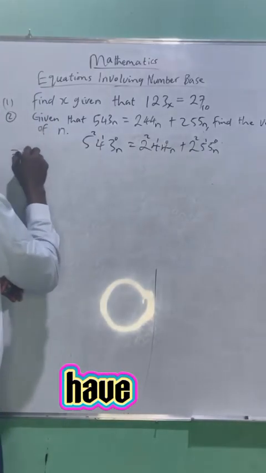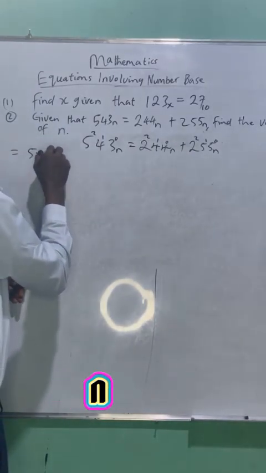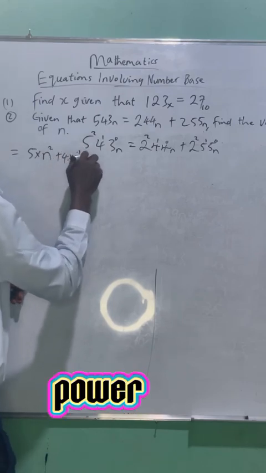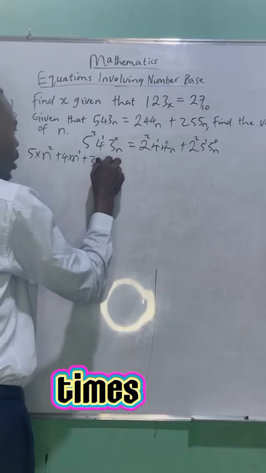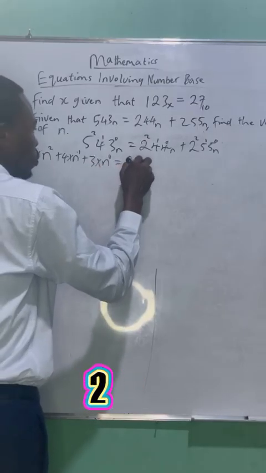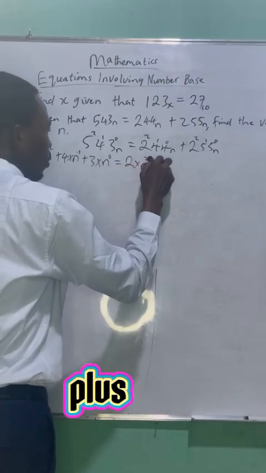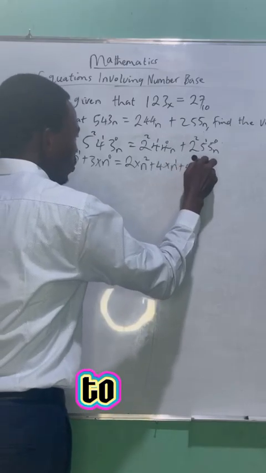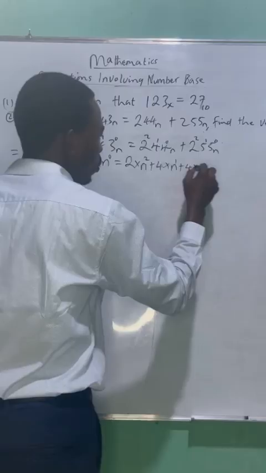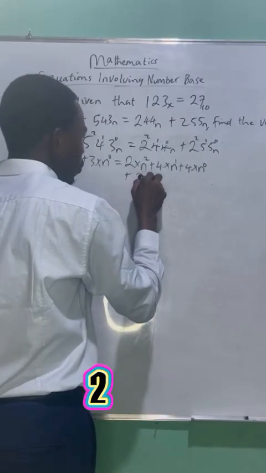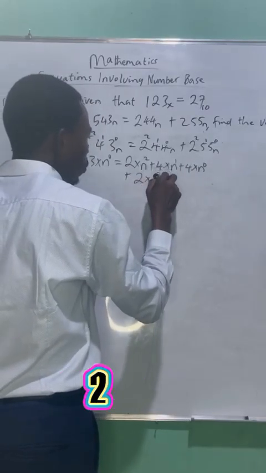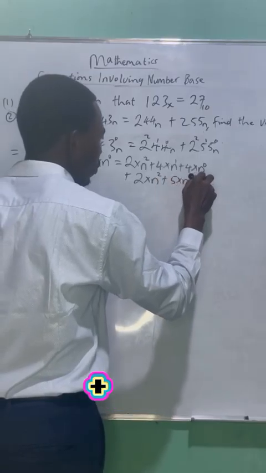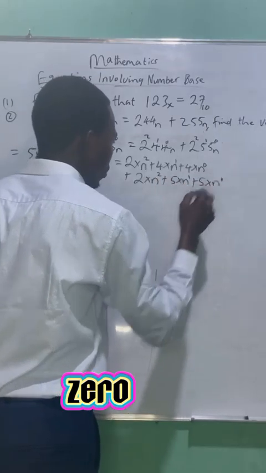If I do that, I will have 5 times n squared plus 4 times n to the power 1 plus 3 times n to the power 0 equal to 2 times n squared plus 4 times n to the power 1 plus 4 times n to the power 0, plus 2 times n squared plus 5 times n to the power 1 plus 5 times n to the power 0.